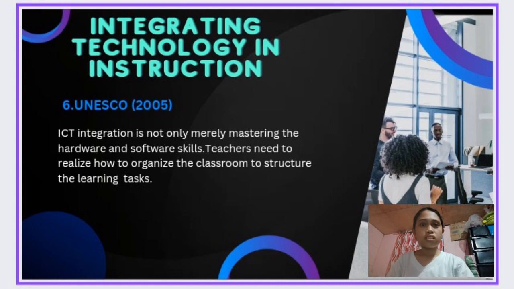Because the teacher must understand how to organize the classroom and structure the learning tasks to maximize the benefits of the technology.